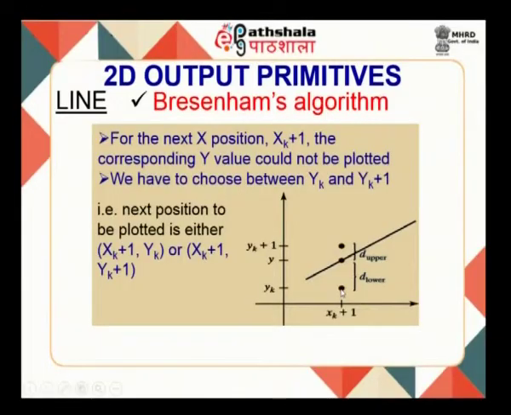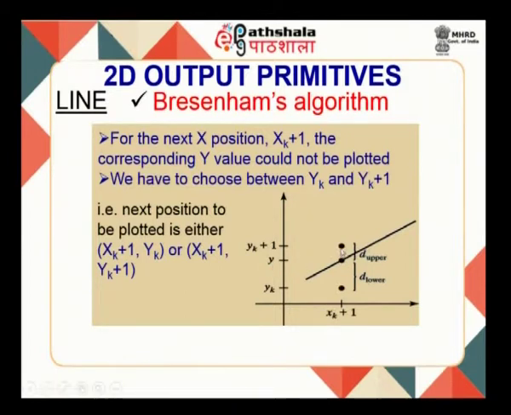So, how to choose whether y_k or y_k plus 1 is the next possible position? For this, we compute the vertical distance between y and y_k, and the vertical distance between y and y_k plus 1, and see whichever position is closer to the theoretical y value.